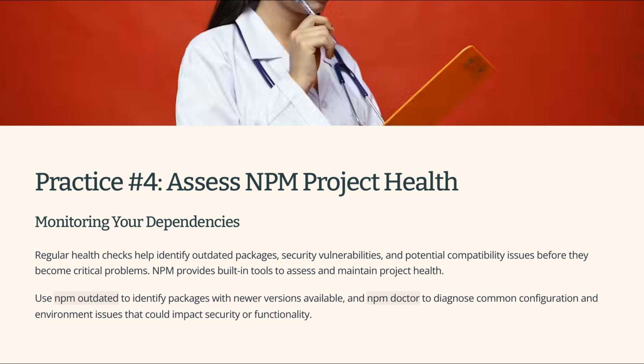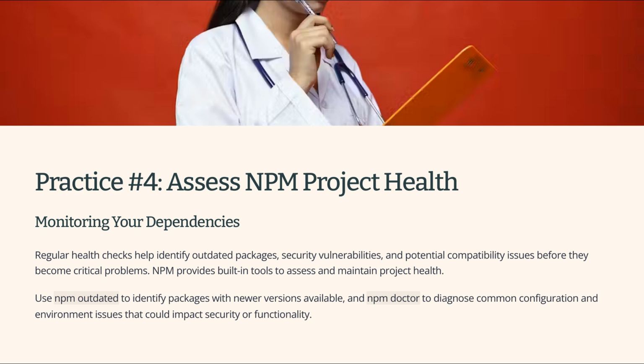For instance, using the command to check for outdated packages allows you to see which ones have newer versions available, ensuring your project remains up to date. Additionally, diagnosing common configuration and environment issues can be done with another simple command, helping maintain both security and functionality.